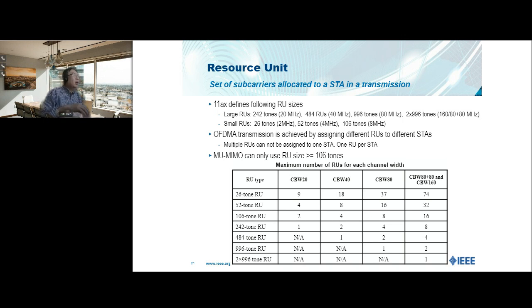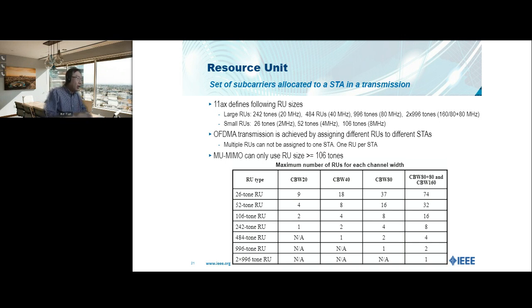From that point of view, 11ax defined a term called RU, resource unit. A resource unit is a bunch of FFT subcarriers, or FFT tones, you allocate to one station. In OFDMA transmission, we can have different RUs.